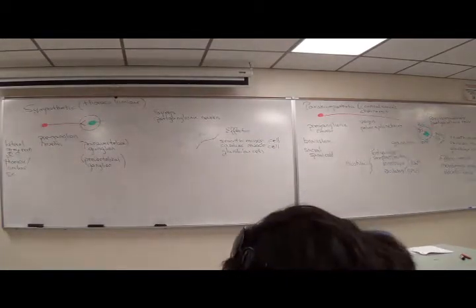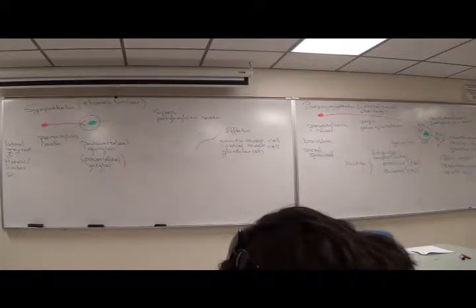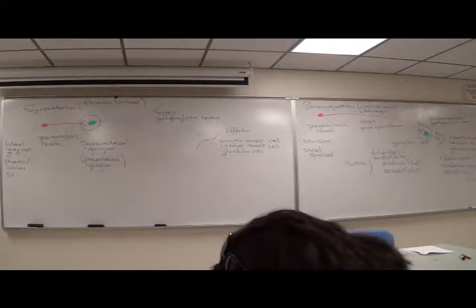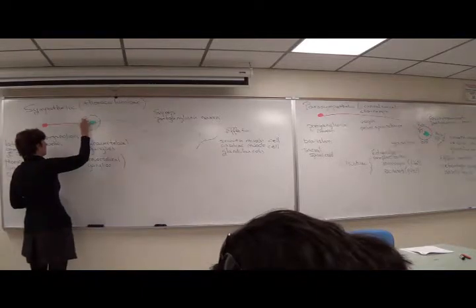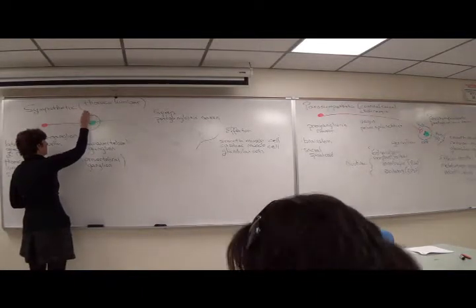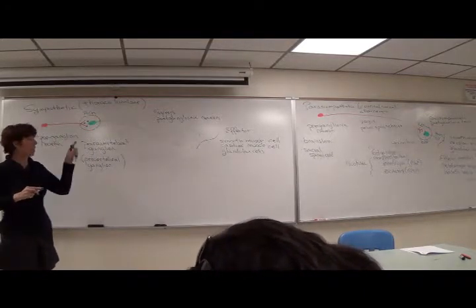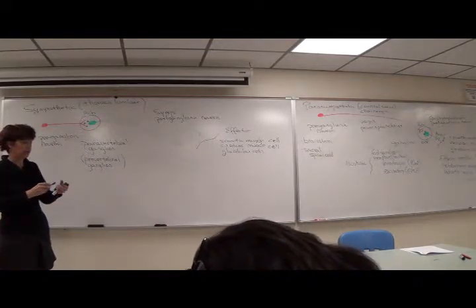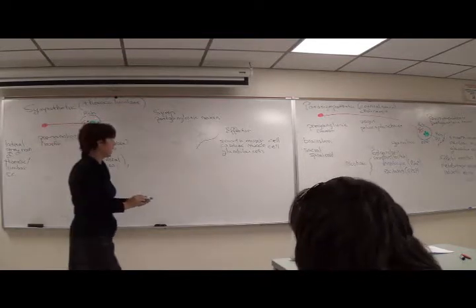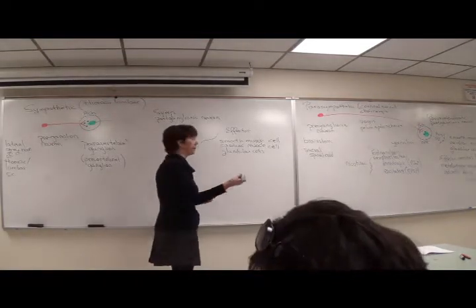All right, so what is our neurotransmitter at the ganglion? Acetylcholine. Excellent. And our neurotransmitter at the effector cell we'll talk about on Tuesday, but it is norepinephrine.